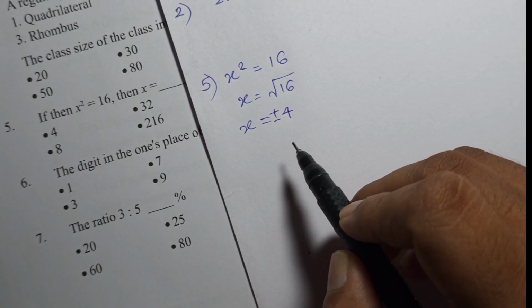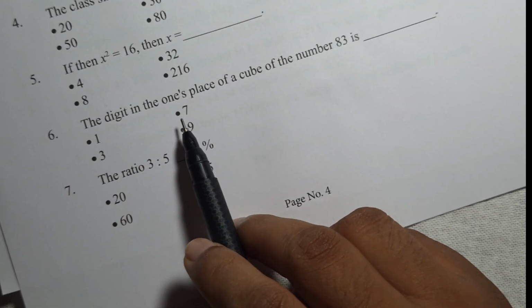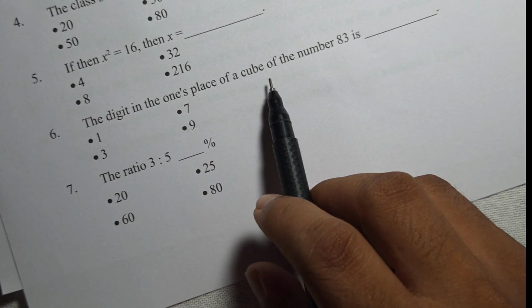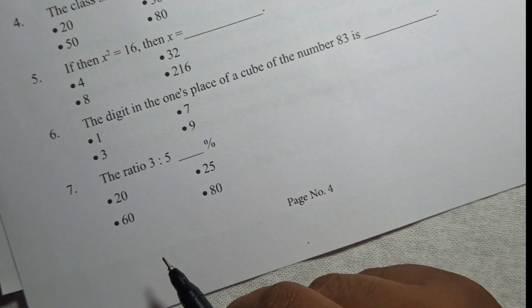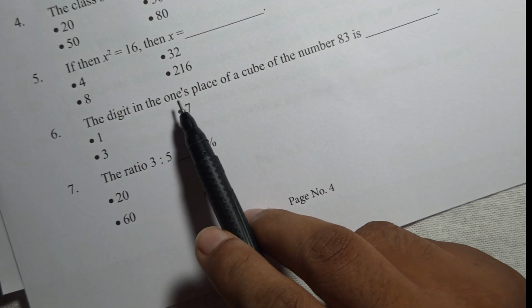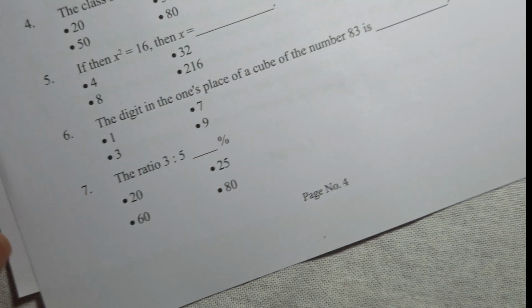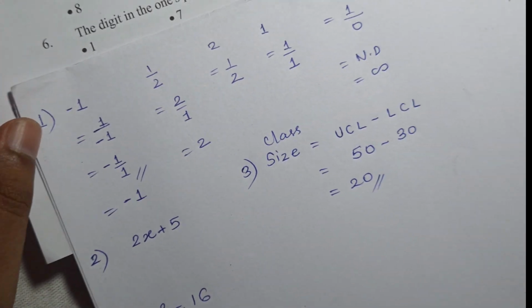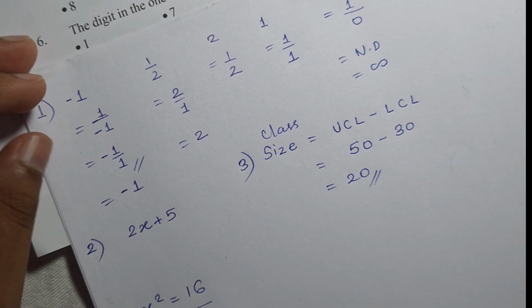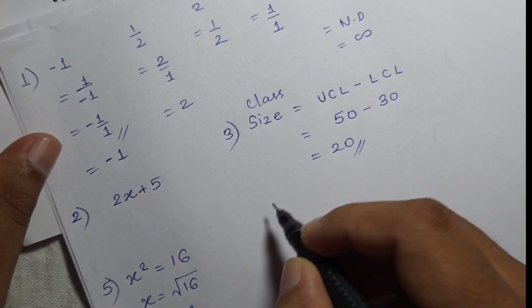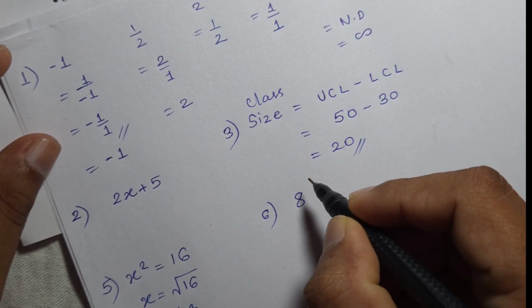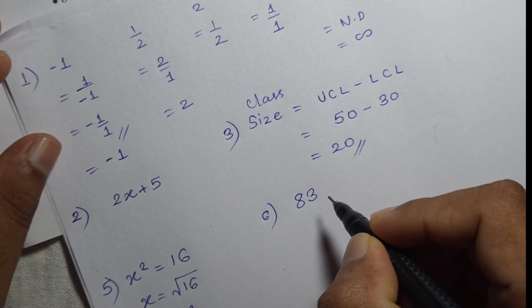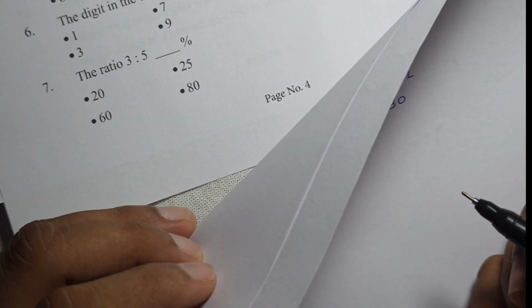So remember this. If the digit in the ones place of a cube of a number is 83 is dash. Okay, now this question is 683. What do you mean by ones place?